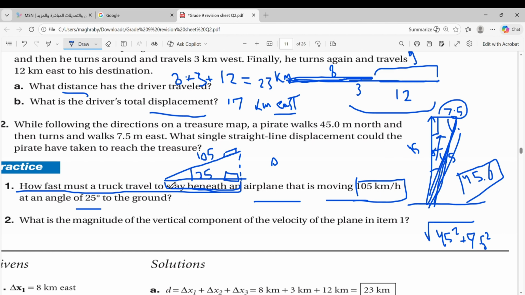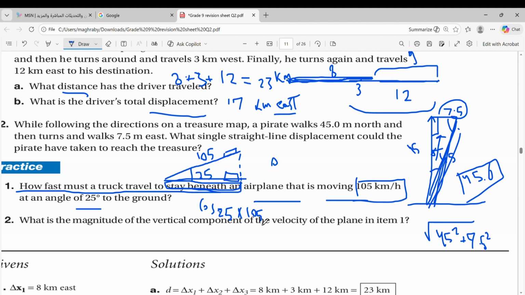So you want to get the x component, and we said to get the x, use the cosine. Cosine the angle times the vector. Cosine 25 times 105. And if you don't know why we chose the cosine, get back to our video, you will find this.